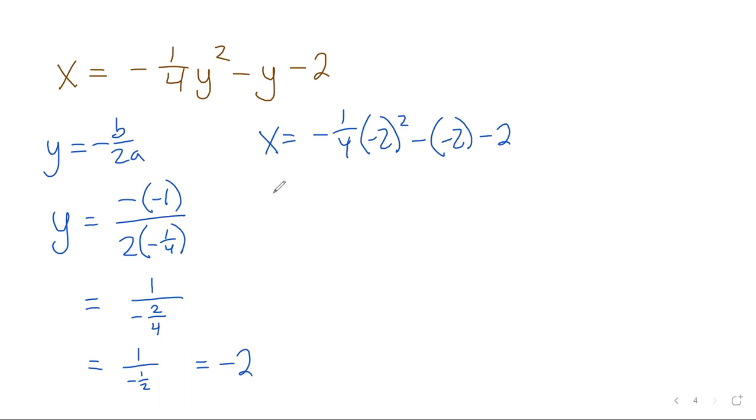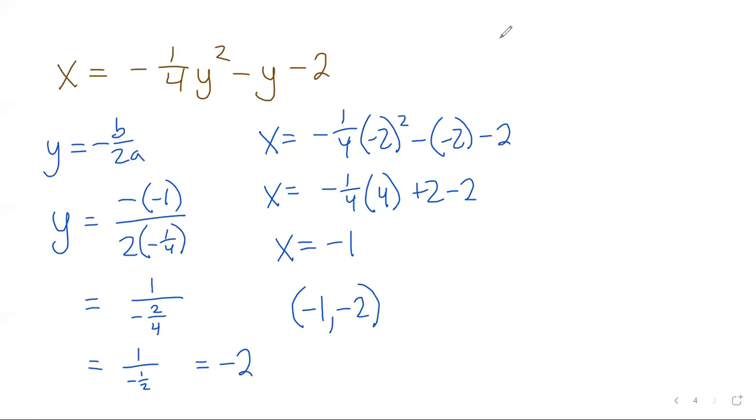There are a lot of negatives in this question. Okay, -1/4 times 4 plus 2 minus 2. Well, that actually helps. Those two things will cancel out right there, the +2 and the -2, and we'll just get -1. Okay, so our vertex is at -1, -2.